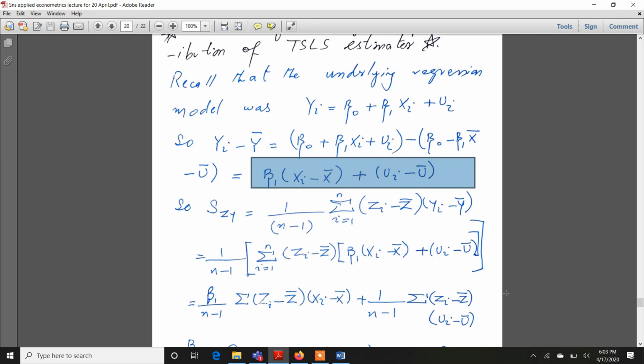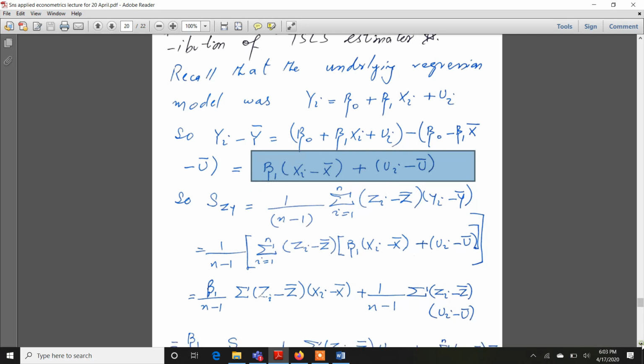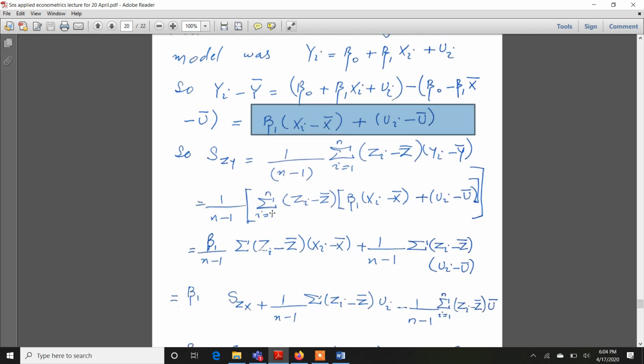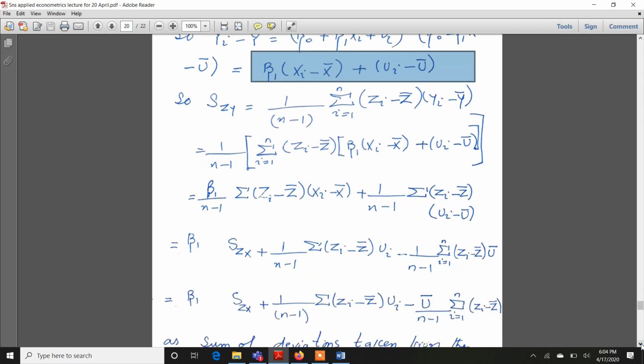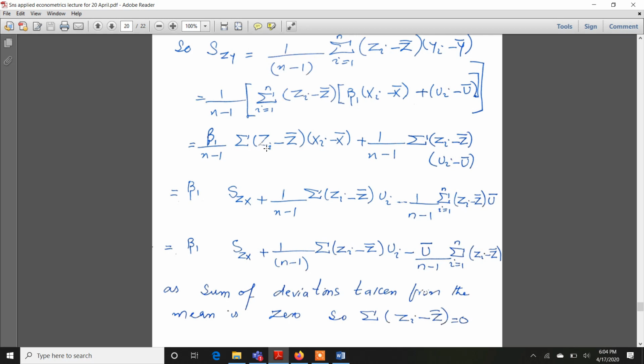And then I separate out the two terms and I have beta 1 times this thing into xi divided by n minus 1, plus 1 over n minus 1 into the sum of ui minus u bar into zi minus z bar. This is simply expanding, just multiplying and opening this term. Then beta 1, and what is this?